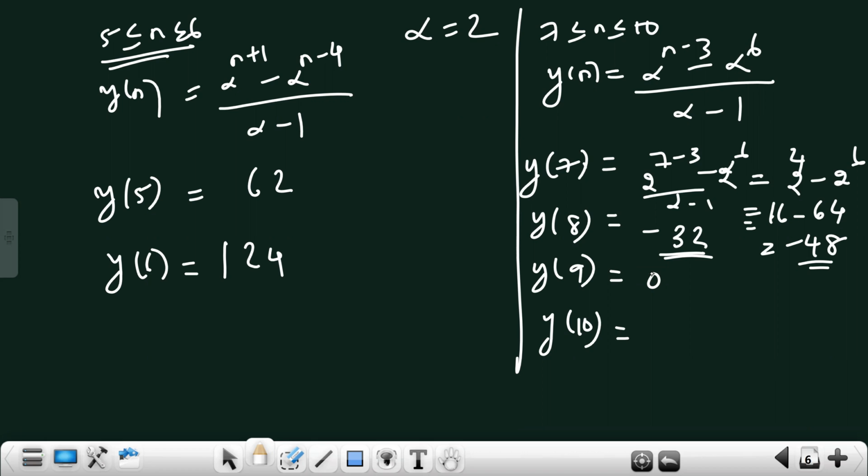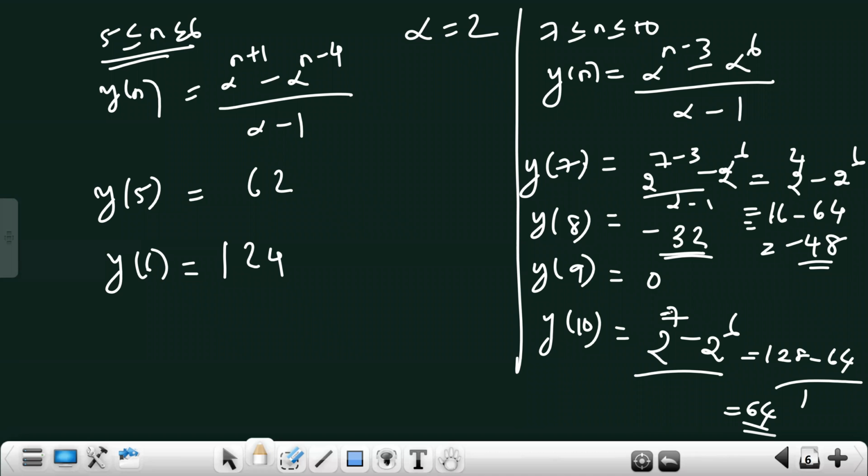Y of 10 is 2 to the power n minus 3, that is 2 to the power 7, which is 128, minus 64, divided by 1. So the answer is 64.